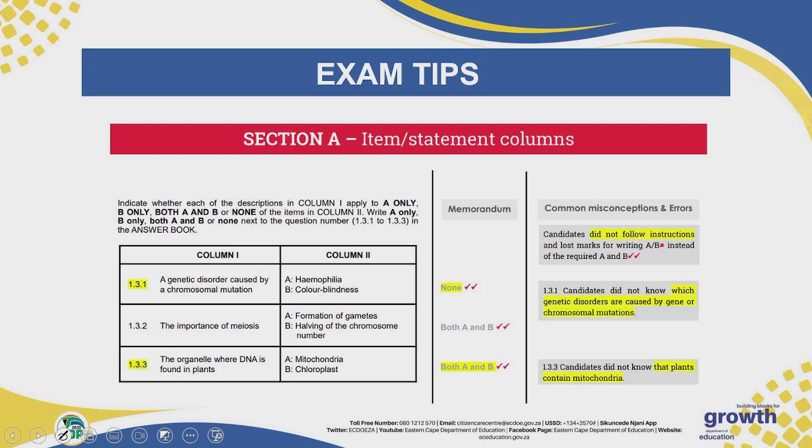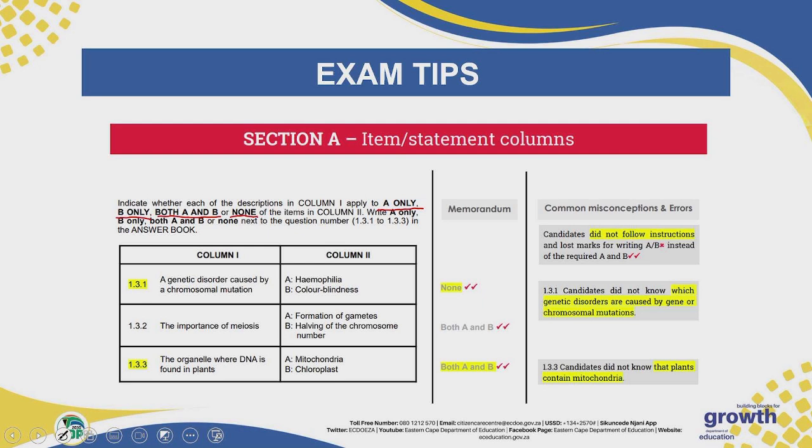The instructions say that you must either write A only as your answer, if it only applies to A, or you must write B only. Don't leave out the only. It's important that you write the only, or you must say both A and B. So please be sure that you follow the instructions. That is what is very important here.